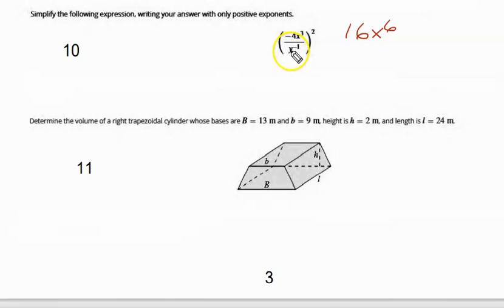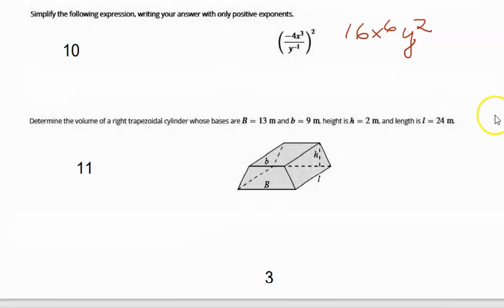Now, y to the negative 1 squared is y to the negative 2, but they want positive values. So we have to move that y to the negative 2 up to the numerator where it changes its sign, and then there's the answer to number 10.